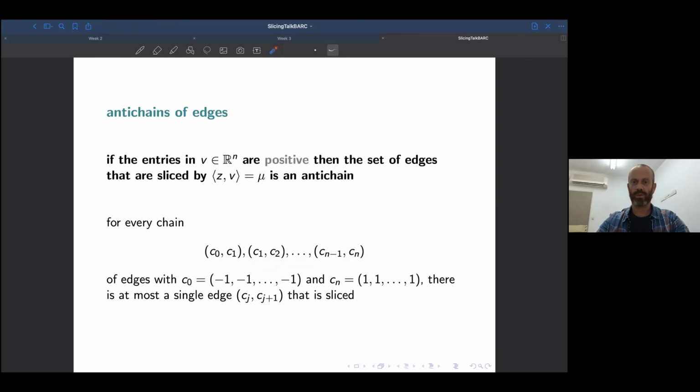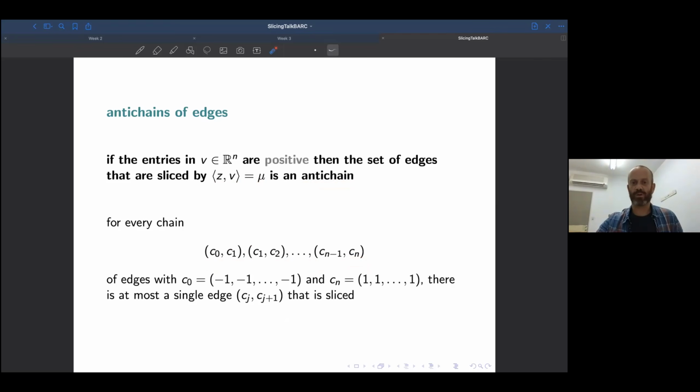Okay, so this is a chain of edges. We just increase coordinates one by one. This is called a chain of edges. What does an antichain mean? An antichain means that in every such chain, the number of edges that are sliced by this hyperplane is at most 1.